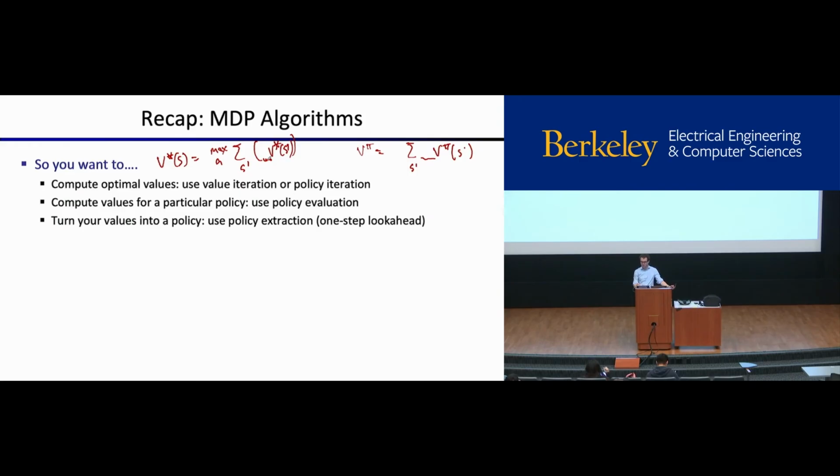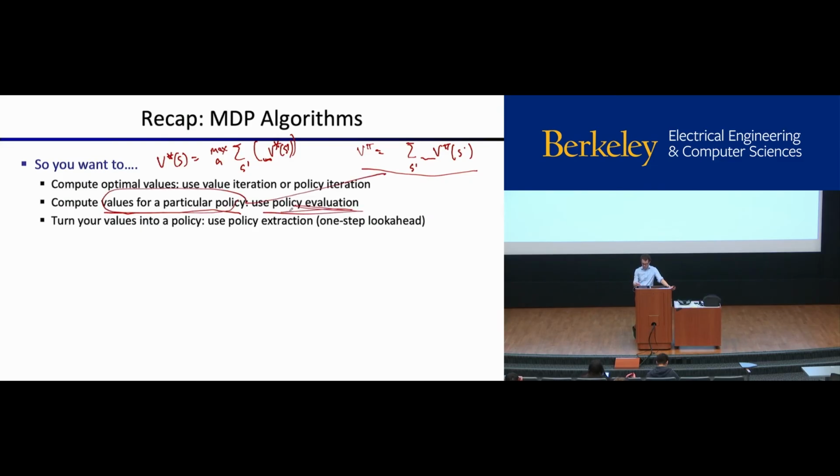So we're going in terms of v pi, and we don't have an argmax or max or anything. If we want to compute values for a particular policy, that's policy evaluation. So that's the first step of policy iteration. So this is just policy evaluation.